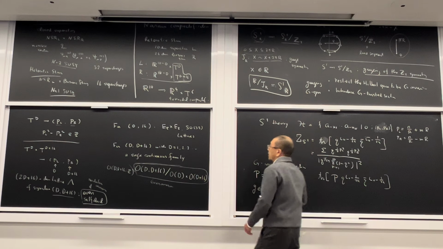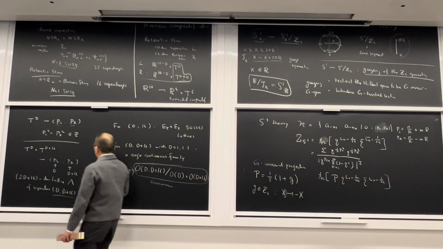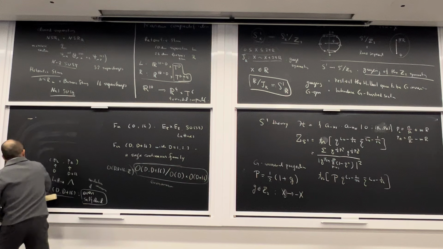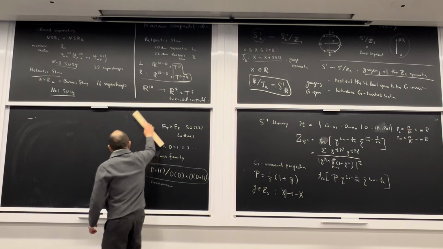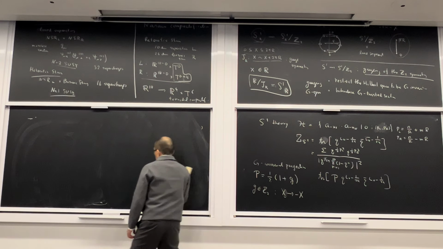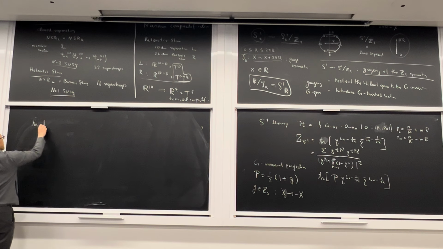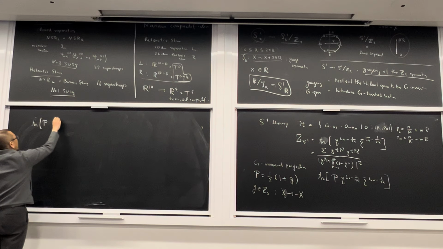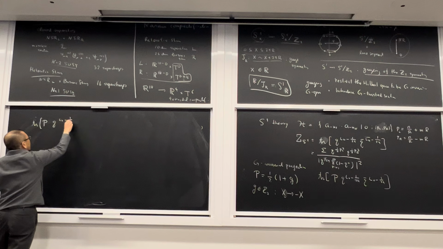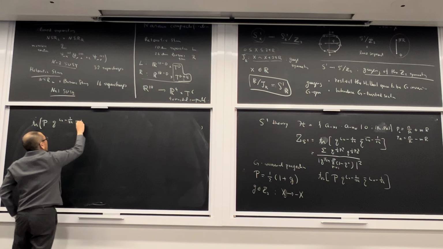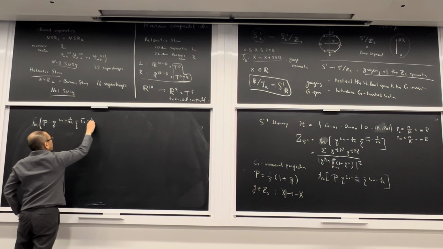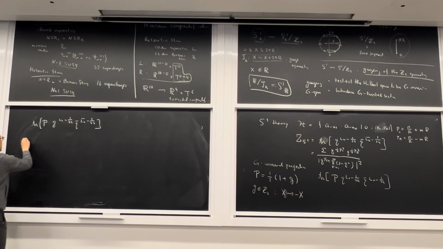So we need to do this calculation. Let's calculate the trace of Q to the L0 minus c over 24, Q bar to the L0 bar minus c over 24. This is equal to 1/2.